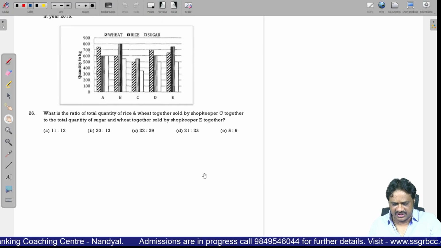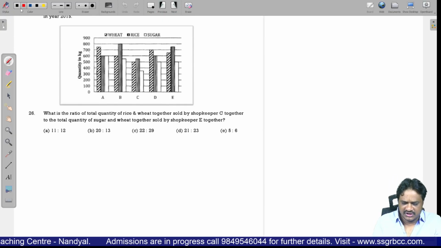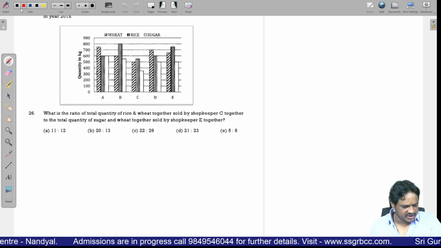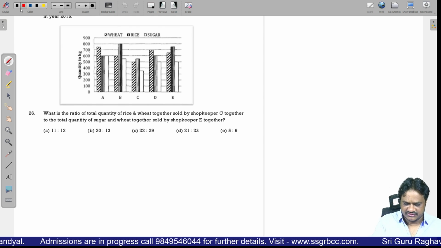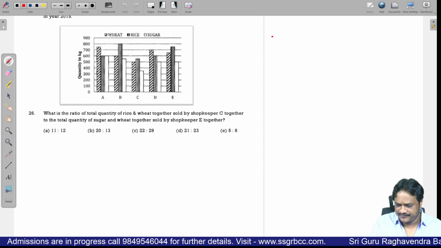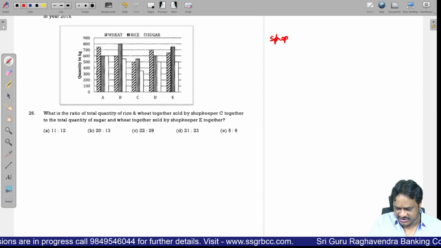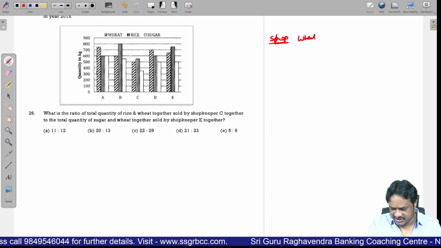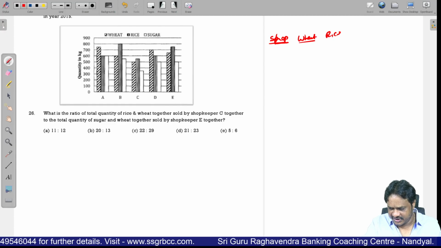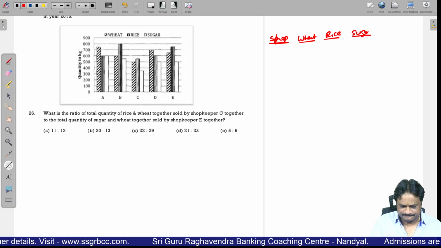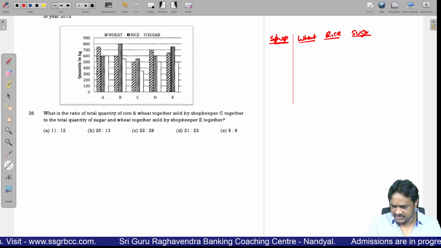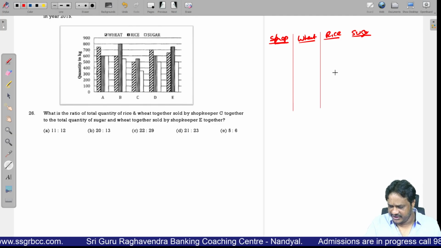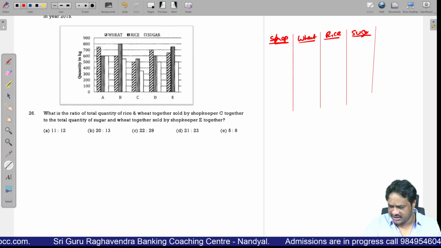For this type of questions, instead of taking the bar diagram, you draw one table. First the shopkeeper, then the items: wheat, rice and sugar.